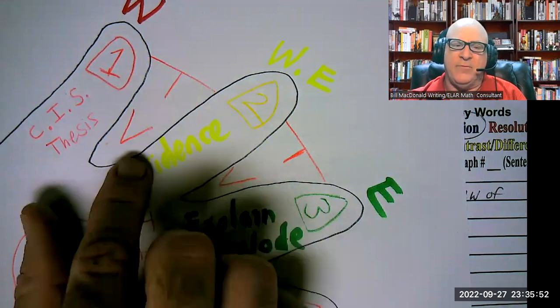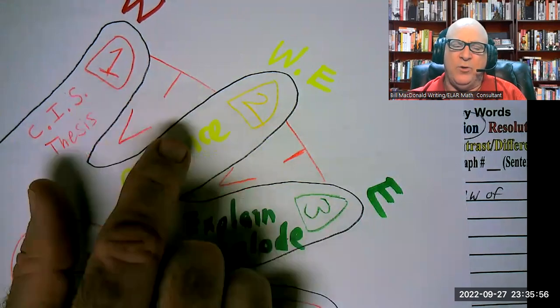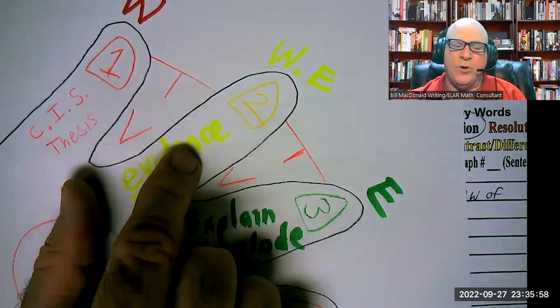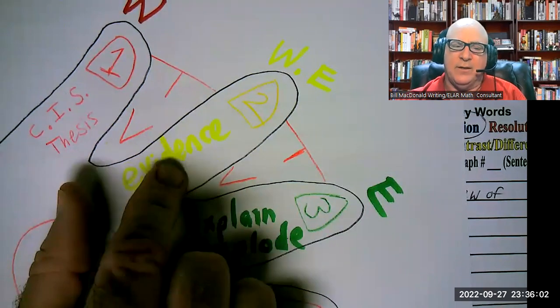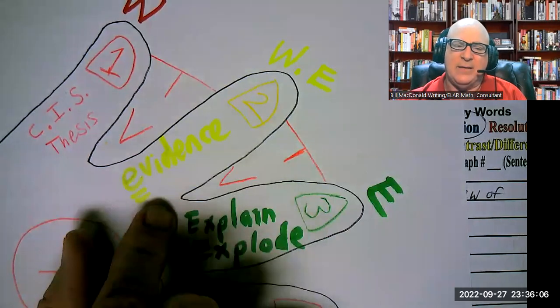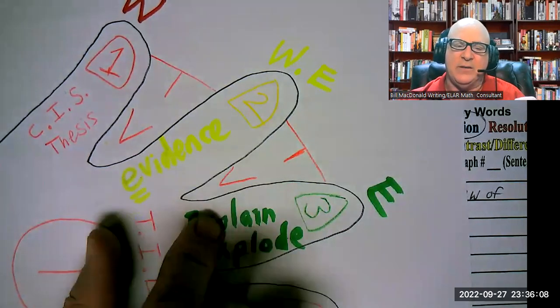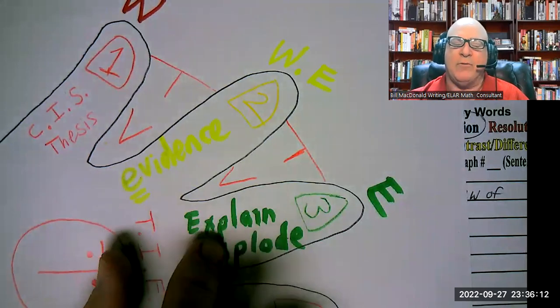So if you take the evidence, then you've got to make sure that you're only using the examples, evidence, example, explain, explode, the examples that are going to be easiest to explain if you're a struggling writer.